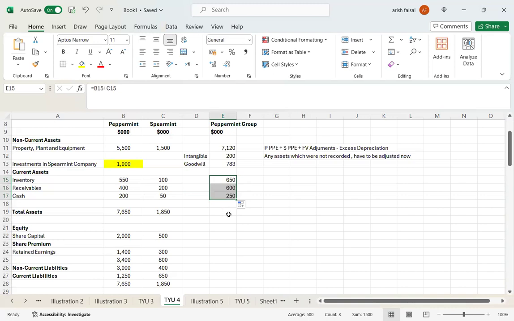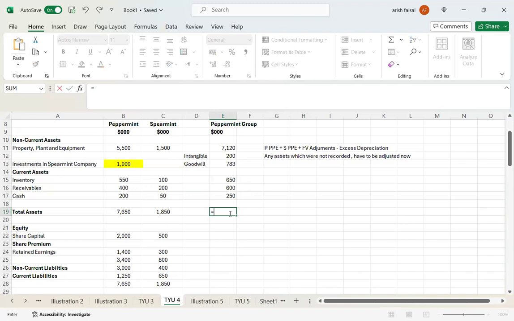So we got the current assets. You can have a total for your non-current assets, which is 7120, 200 and 783. And then you can also add up your current assets, 650, 600 and 200, 250. And you will get your total assets, which stood at 9603.